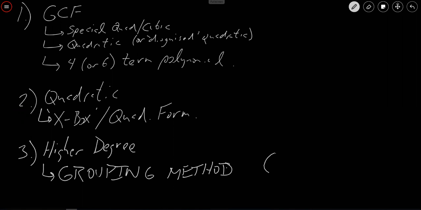And remember, that's just reverse FOIL. So those 3 methods should allow you to break down your polynomial into smaller pieces to be fully factored.